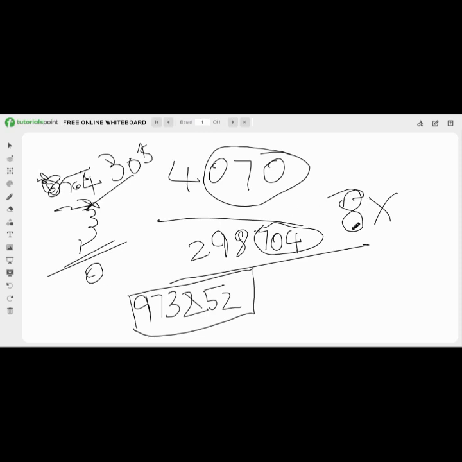So let's find out if it's divisible by 8. Let's check your answer. The last 3 digits are 252, which is unfortunately not divisible by 8. So the whole number is not divisible by 8.